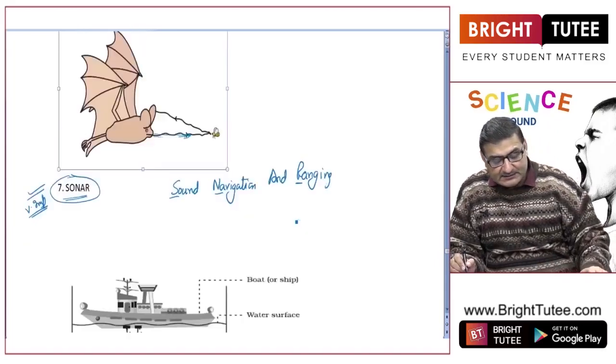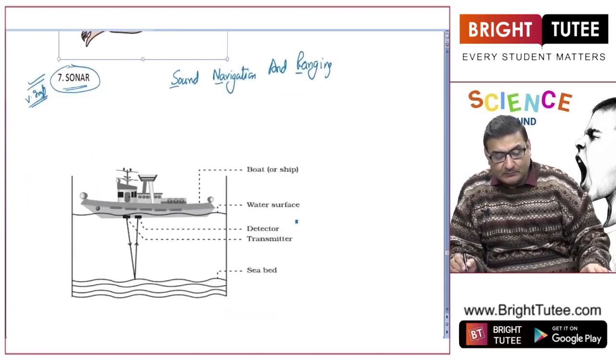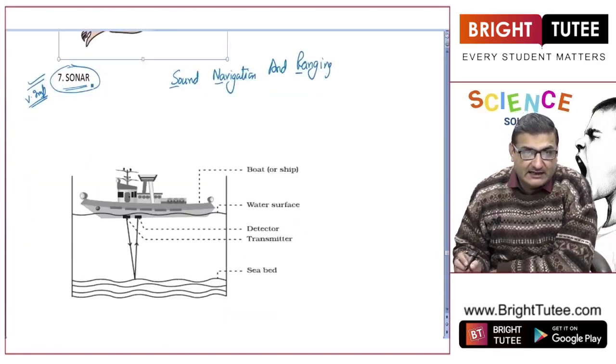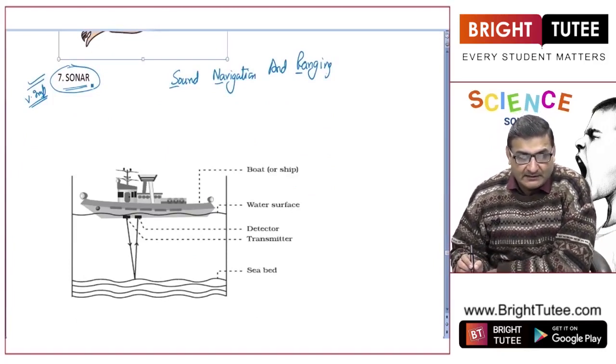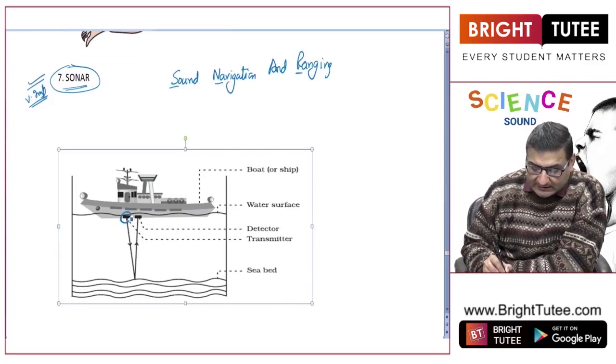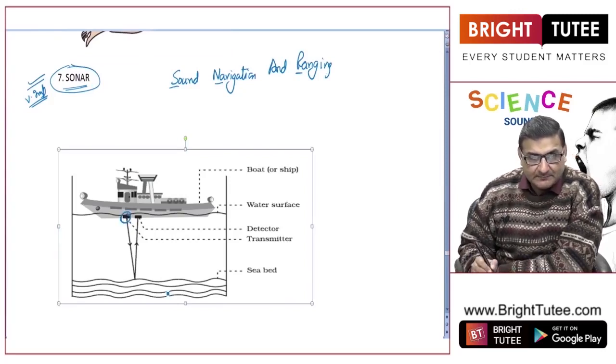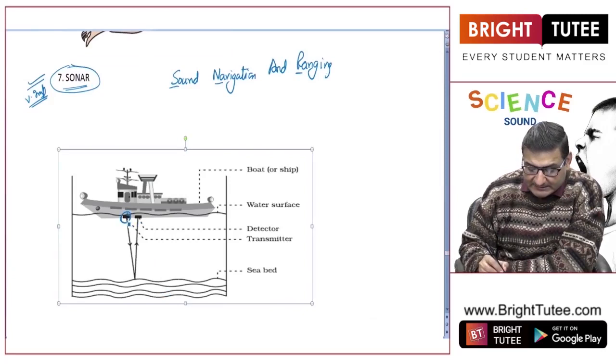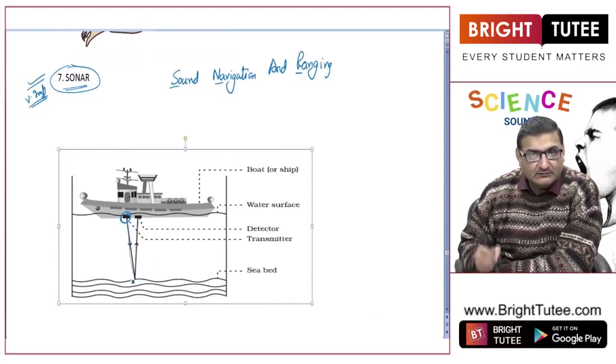All the ships and submarines are provided with a device having this sonar technique, right. First of all, they have one transmitter. This transmitter basically produces the ultrasound waves.